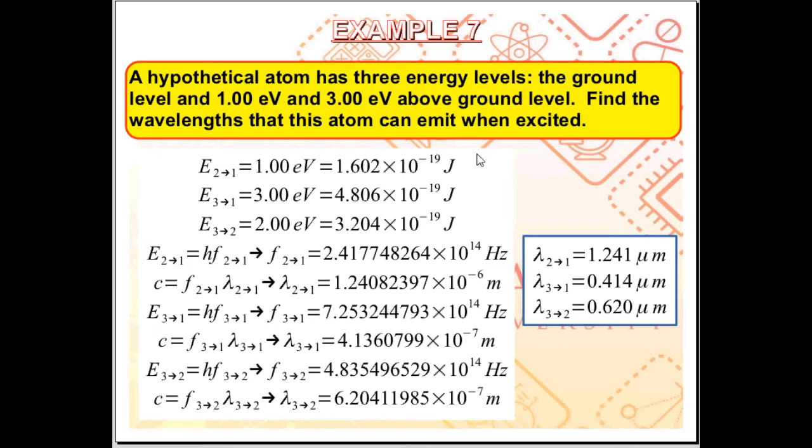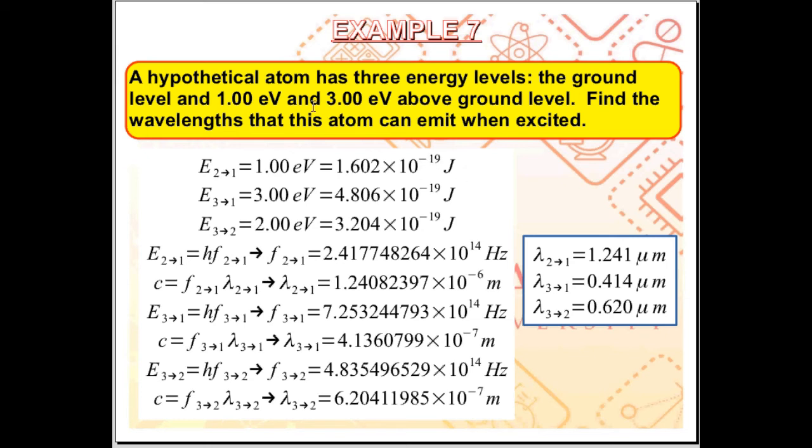A possible transition of the atom to emit photons is from the first excited state, E2, to the ground level, E1. The energy released, or energy difference, E2 to 1, is 1 electron volt, or 1.602 times 10 to the negative 19 joules.